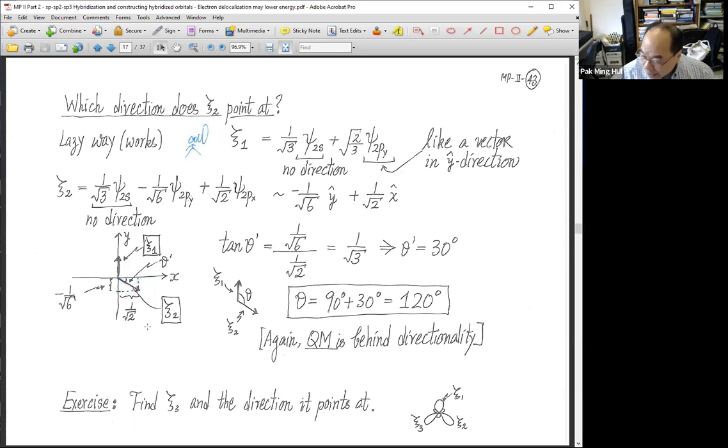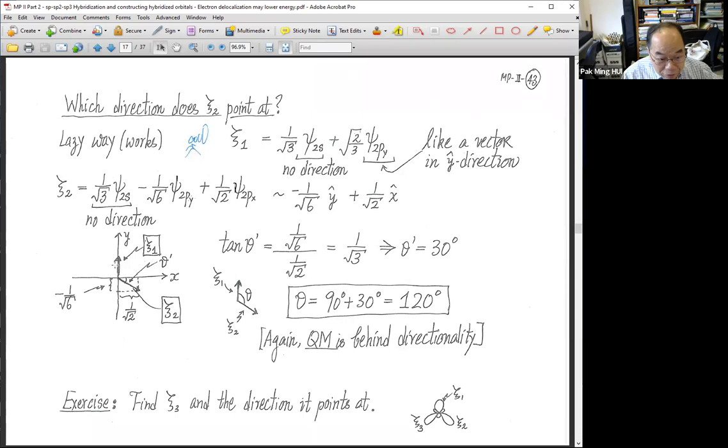Now, I must say, I'm being lazy, but this trick works. Formally, it is a three-dimensional spatial structure, okay? But for determining what the angle is here, this trick suffices.